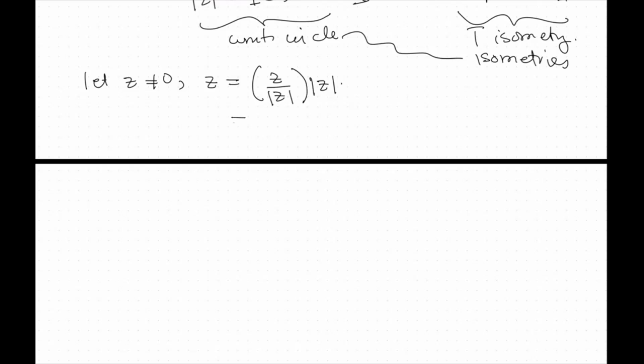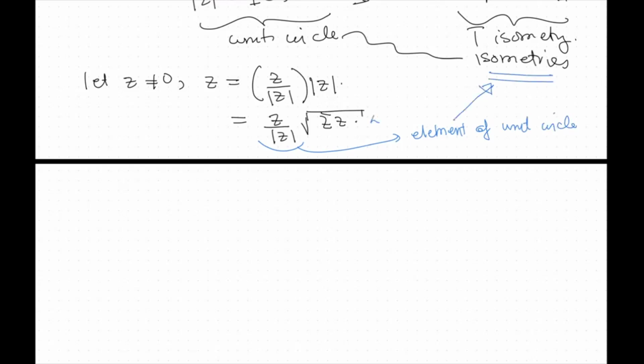And we know that this C, we can write as the square root of Z. So this part here is an element of the unit circle, so this corresponds to isometries. And then this part here is the positive square root, so this is positive.